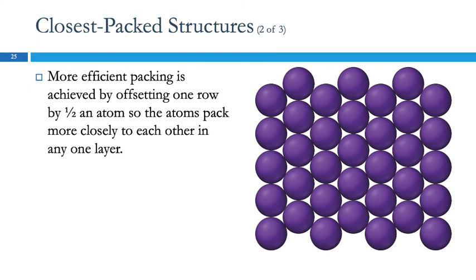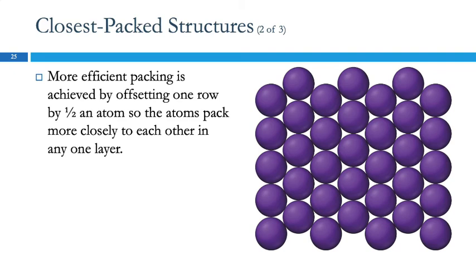In closest packed structures, which as the name suggests are more closely packed, the layers are going to look like this. Here we have a row of atoms, but the second row of atoms is offset by half an atom so that they can squeeze together better. And then this one will match up with this one and this one over here.